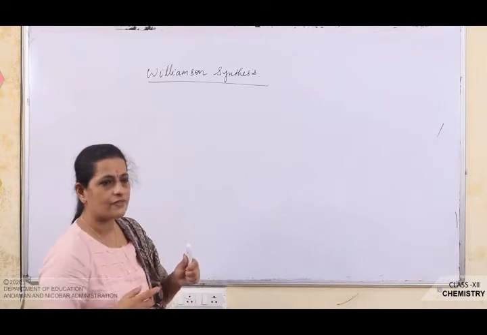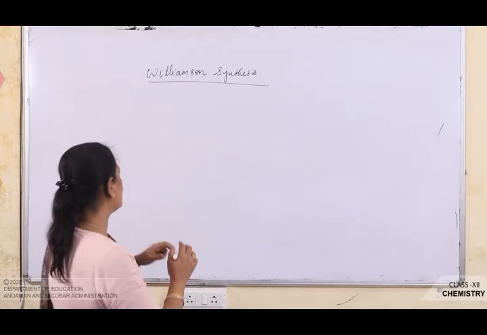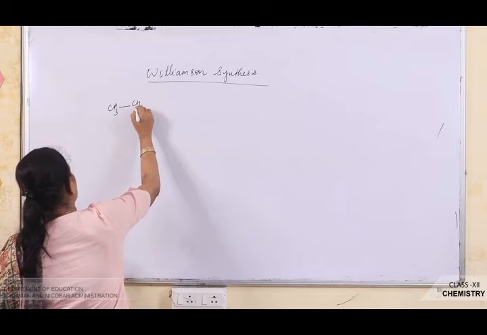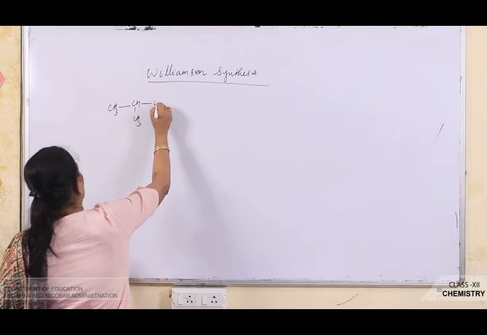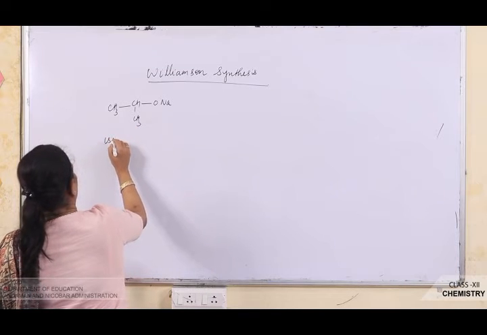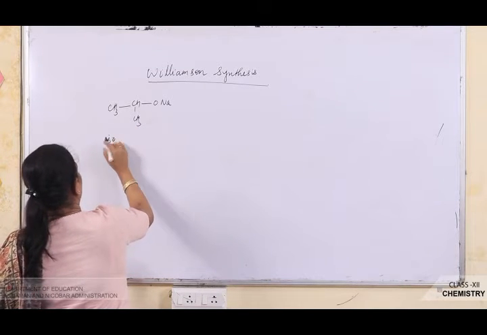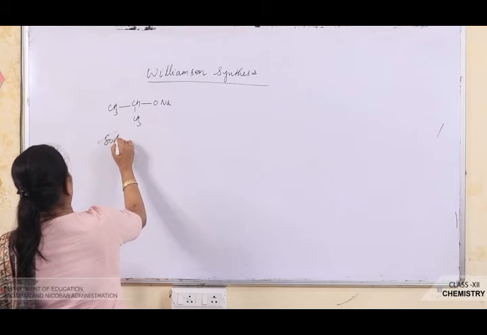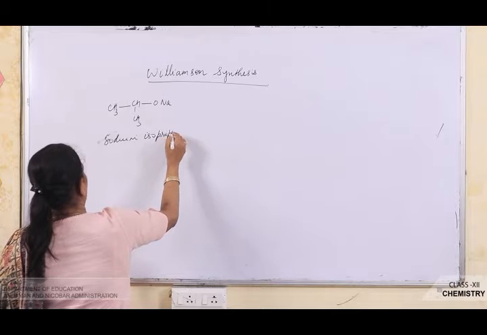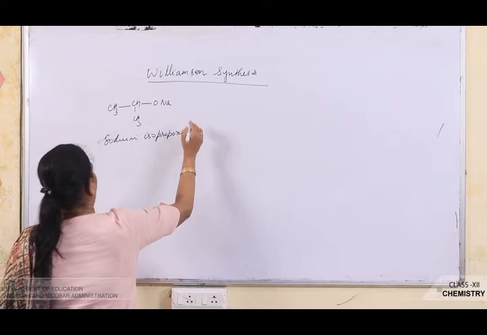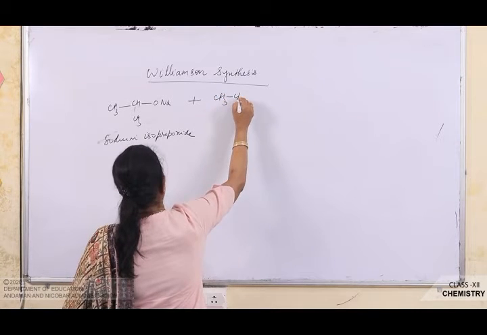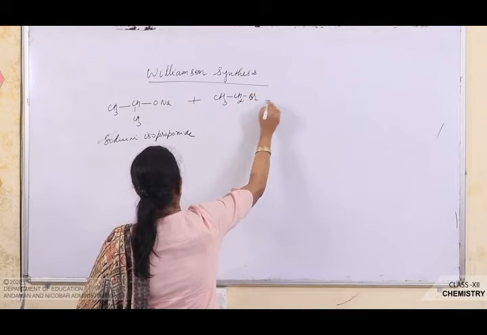Next we will see is preparation of secondary and tertiary ethers by Williamson synthesis. Now, see here, I am going to write a reaction here, CH3CHCH3ONa, that is, what is its name? Sodium isopropoxide, plus I am taking CH3CH2Br, that is ethyl bromide.